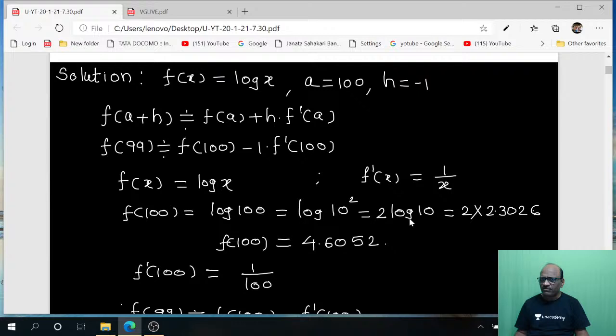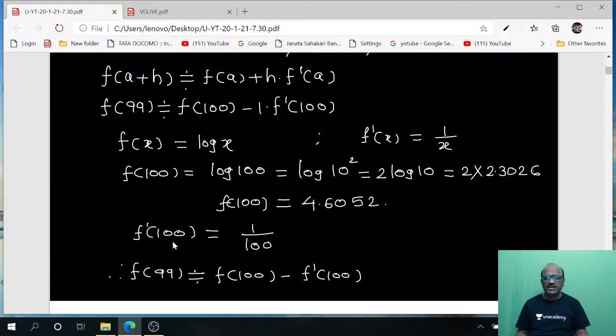We know the value of log of 10 which is given in the example, 2.3026, and after multiplication we have f of 100 equal to 4.6052.